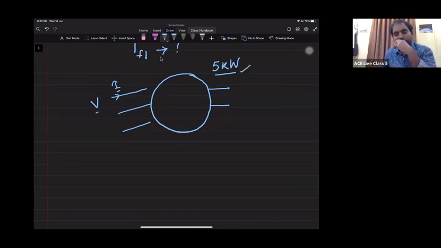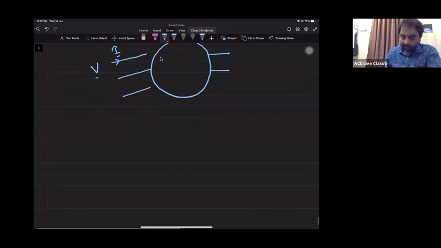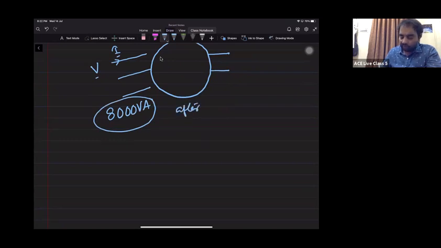Confirm me. Right? For that, let me assume that I have to apply some 8000 VA. When I apply 8000 VA, after the losses in the circuit, it can supply power equal to 5 kilowatts. So how to divide that 8000 VA?